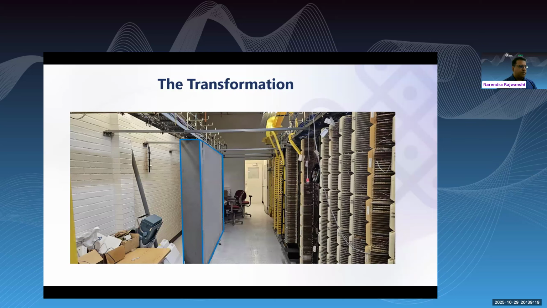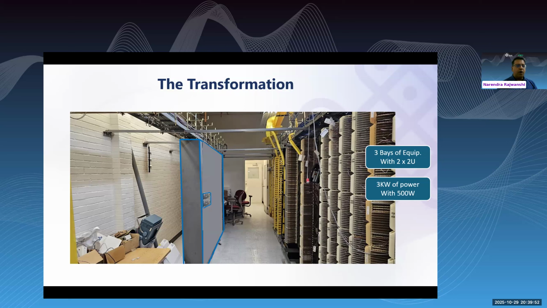Now, this is the transformation. This entire DAX, which is 3 bays of equipment, was replaced by our two-RU shelves. So that is the transformation we are talking about. And what does that mean? Basically, 3 bays of equipment replaced with just 4U of space, a lot of space savings as we see, and 3 kilowatts of power replaced by just 500 watts of new power consumption.